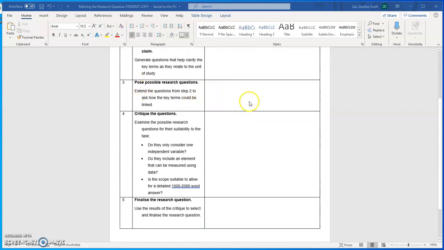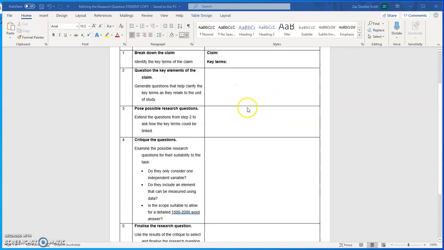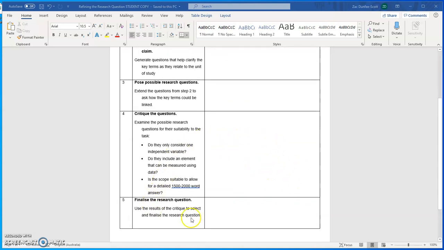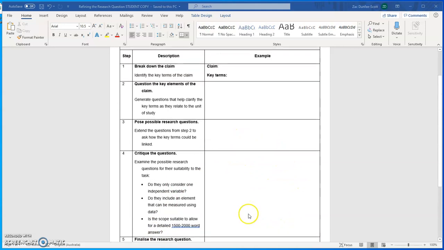We then pose an interim, possible research question from our broken down key terms. We do a little more research from there, critique it, and see if we can find stuff on that research question or not, do further research, and then refine that into our final research question.